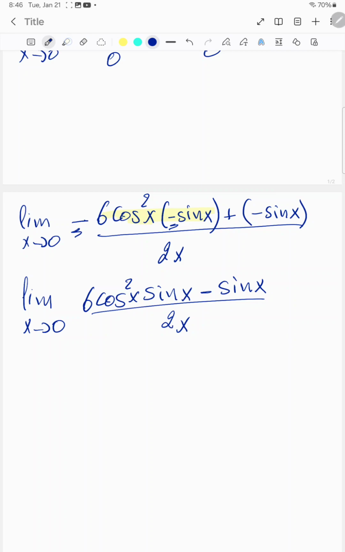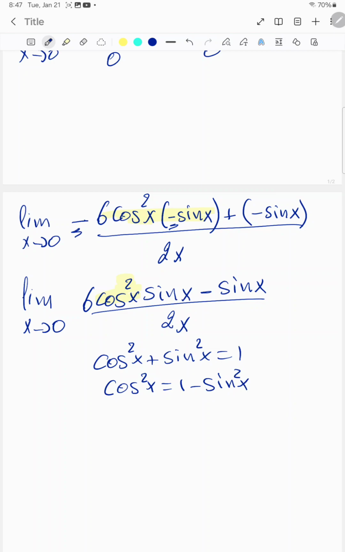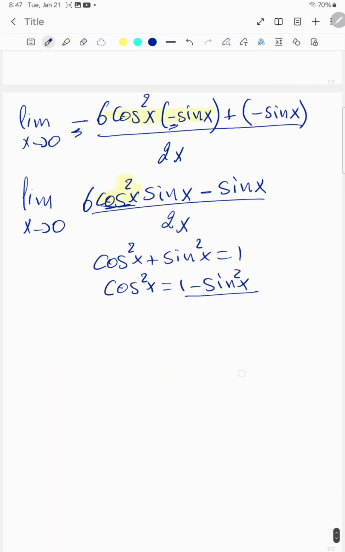I have cosine square of x here. I'm going to use the trigonometric identity that says cosine square of x plus sine square of x is equal to 1. That means cosine square of x is equal to 1 minus sine square of x. So I will replace this cosine square of x by 1 minus sine square of x.